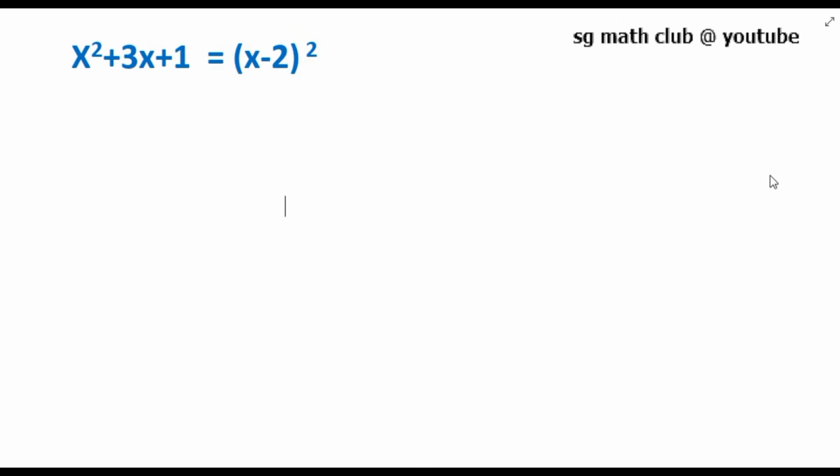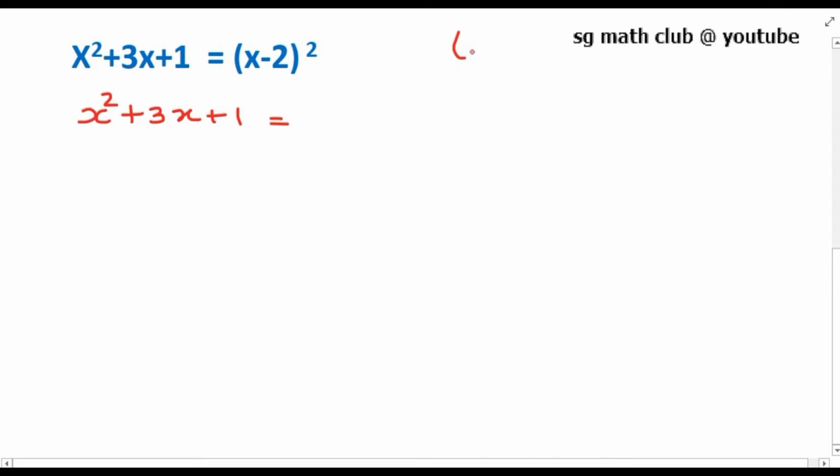Now the second question is x square plus 3x plus 1 equal to x minus 2 the whole square. So we'll just open the bracket and simplify this, x square plus 3x plus 1. Again this is in the form of a minus b the whole square. And we know a minus b the whole square is a square minus 2ab plus b square.